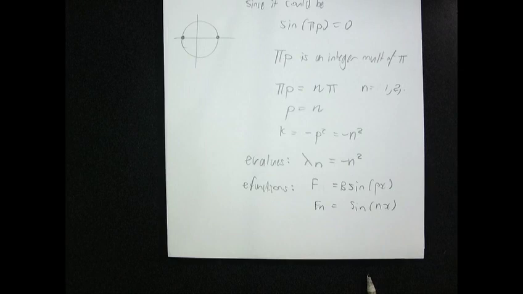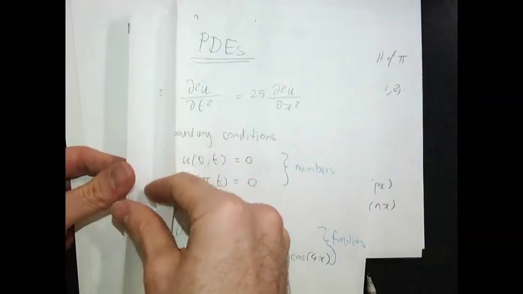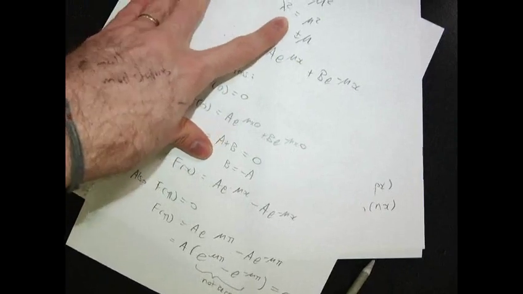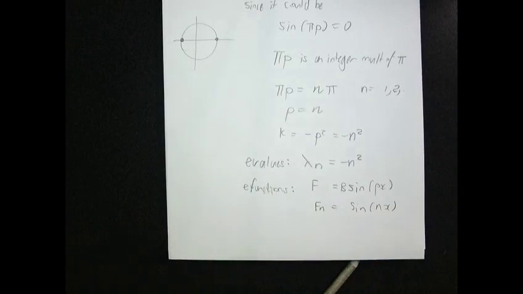So be careful. The lambda back here that said it was equal to lambda squared is a different lambda. Lambda squared there is a different lambda from this lambda. This lambda is just k.